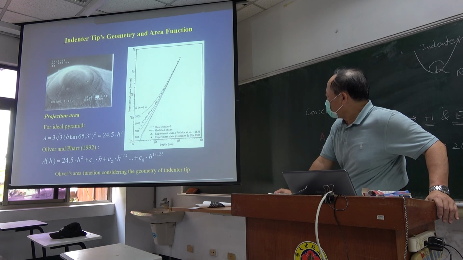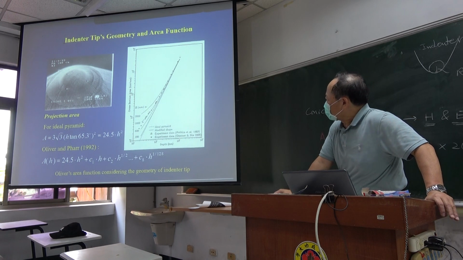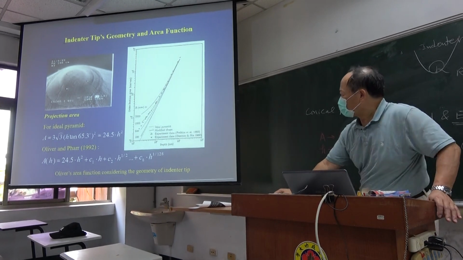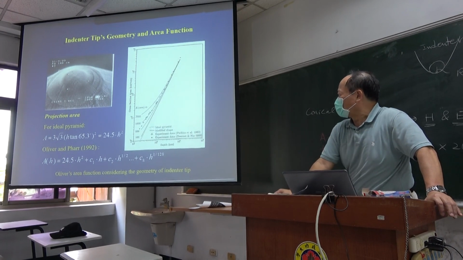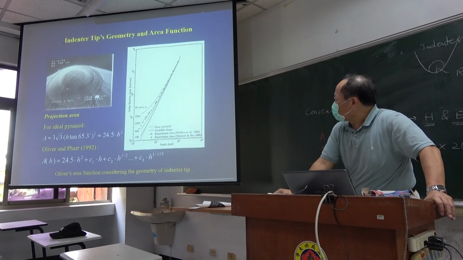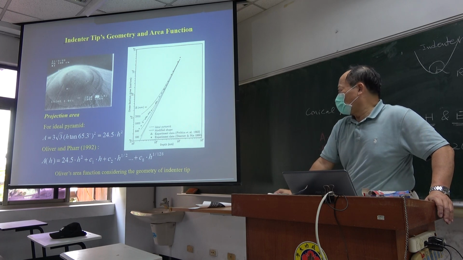So when you give your indentation test a small value, you should be very cautious about your result for the cross-section area. Your cross-section area at a small indentation depth may not be exactly correct, because in this region, the tip geometric effect becomes very important.